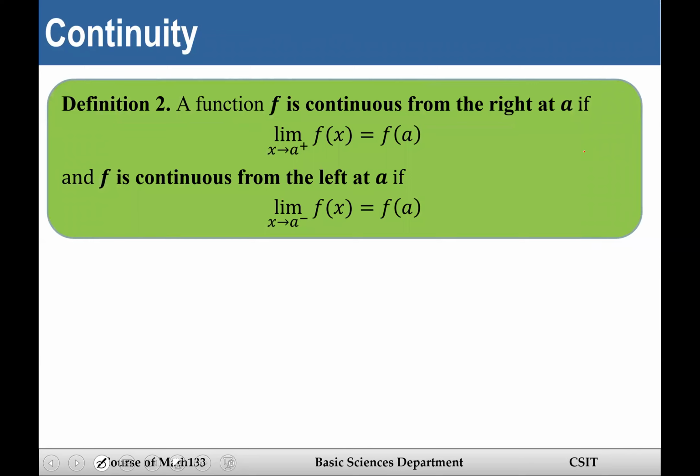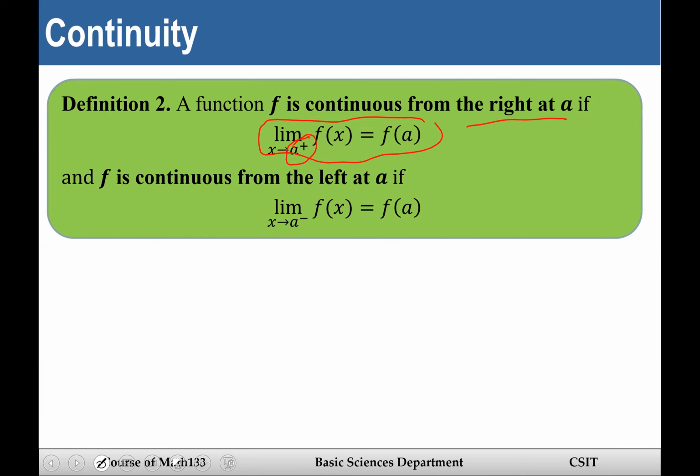Let's see the definition number 2 for continuity. We say f is continuous from the right at A. We look to A to the right, so A plus. Like the normal continuity, if we have the limit of f of x when x approaches A plus equal to f of A, the only difference is that we take A plus.